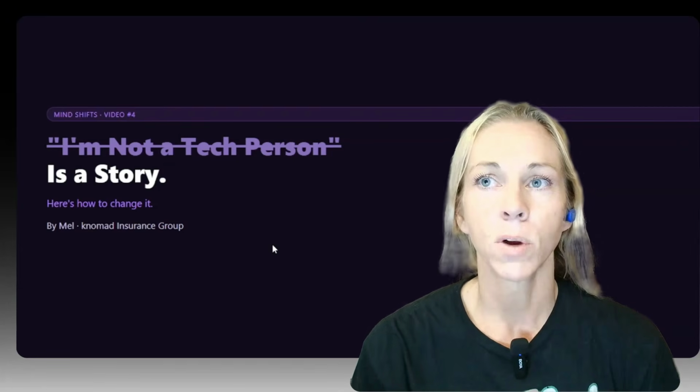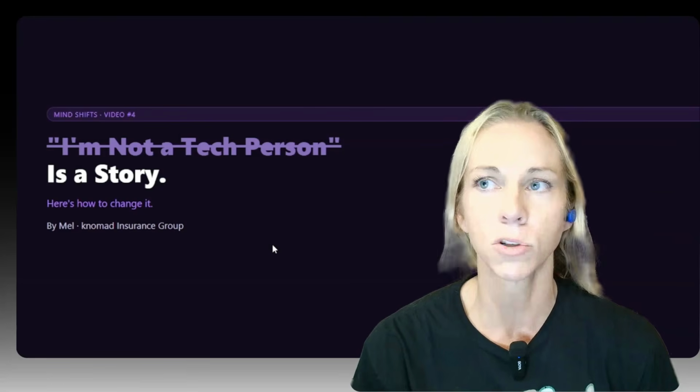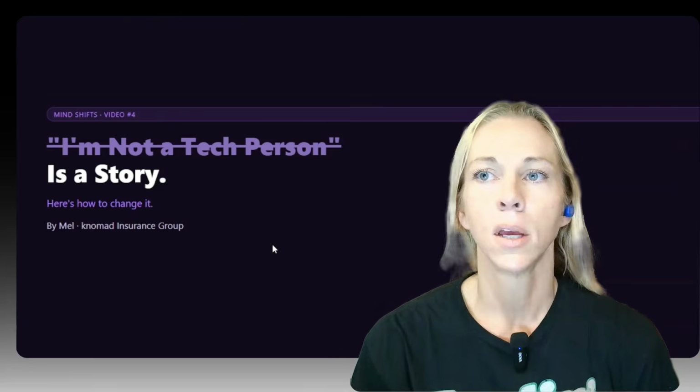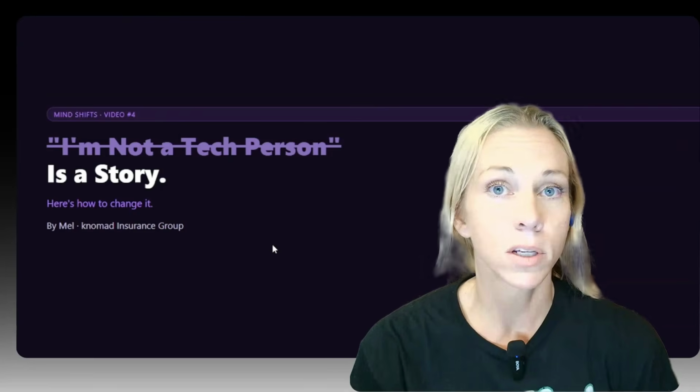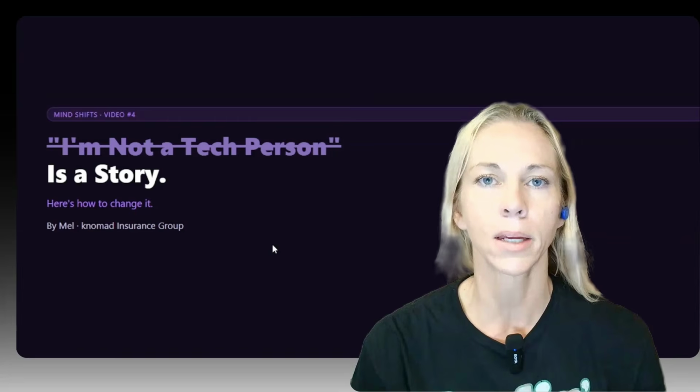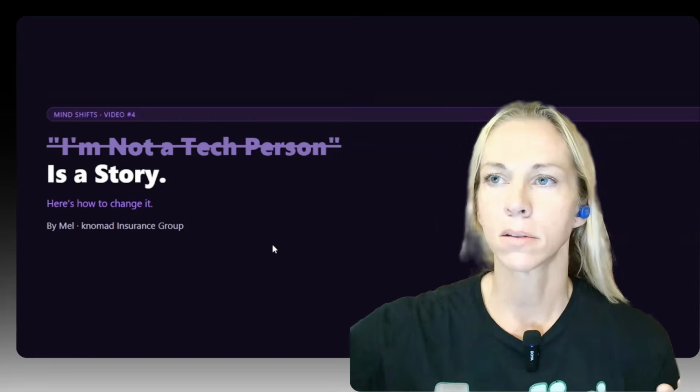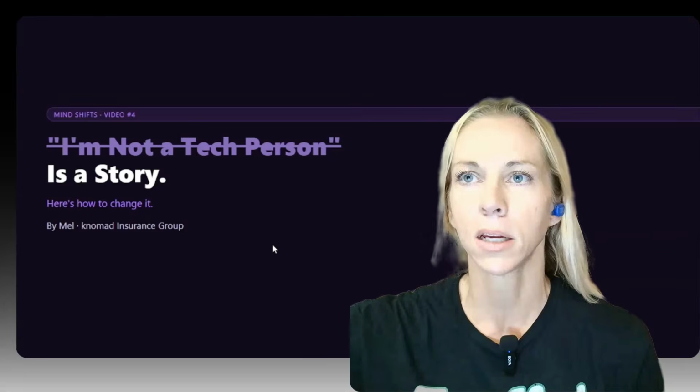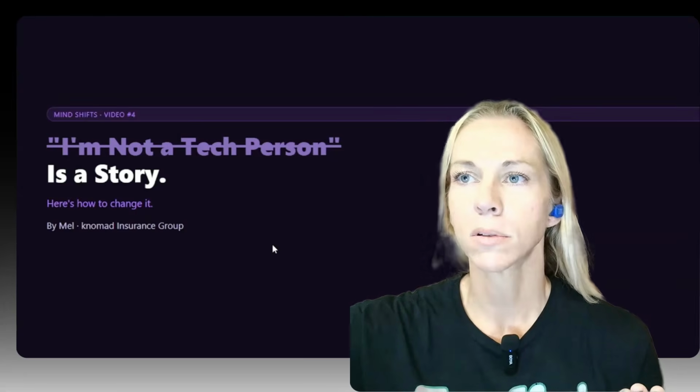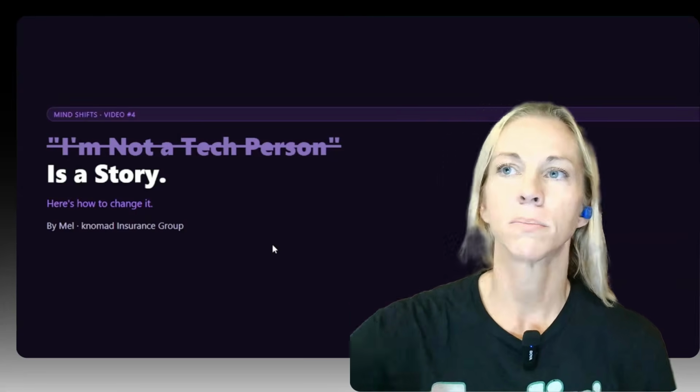Okay. And where the story comes from: one bad experience with a confusing system in middle school, a boss or teacher who made someone feel stupid for asking a question, watching someone else get it faster than you. So these are all the reasons why we get tied to these constraining labels on ourselves and belief systems.